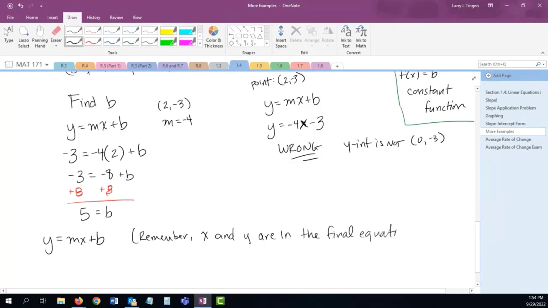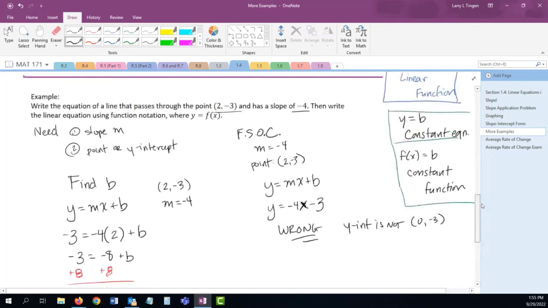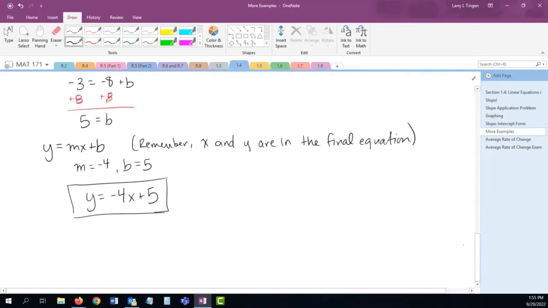Do not plug in numbers for x and y here. Just plug in the slope and the y-intercept. And I know those to be what? I know the slope is -4 from above. I know the y-intercept, I know b is 5. So that means my equation is y equals -4x plus 5. And there is the equation of the line that passes through the point (2, -3) with a slope of -4.